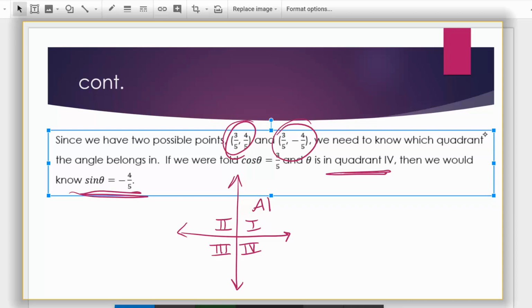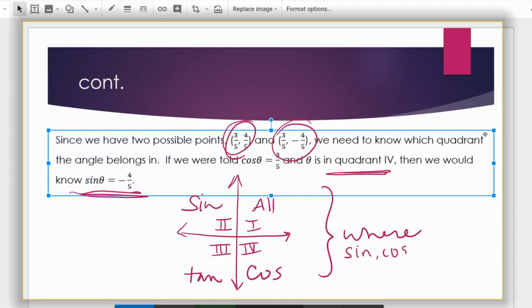In the first one, all of them are positive. In the second one, sine is positive. In the third one, tangent is positive. And in the last one, cosine is positive. So this tells me where sine, cosine, and tangent are positive.